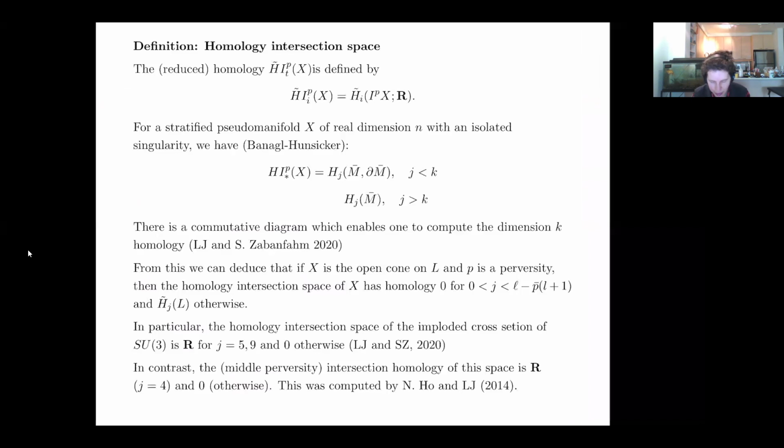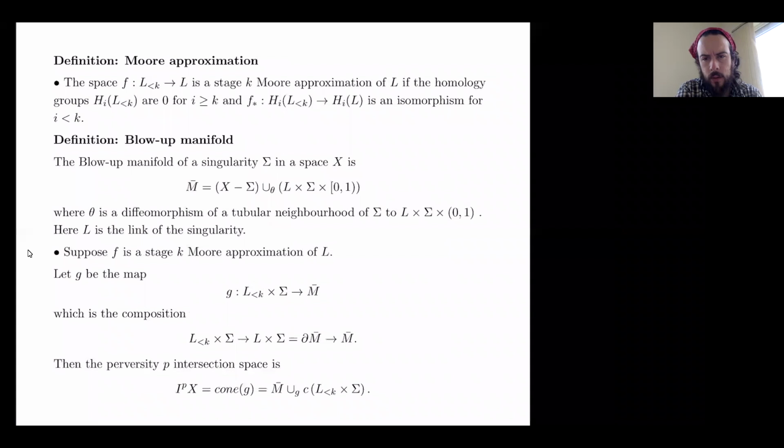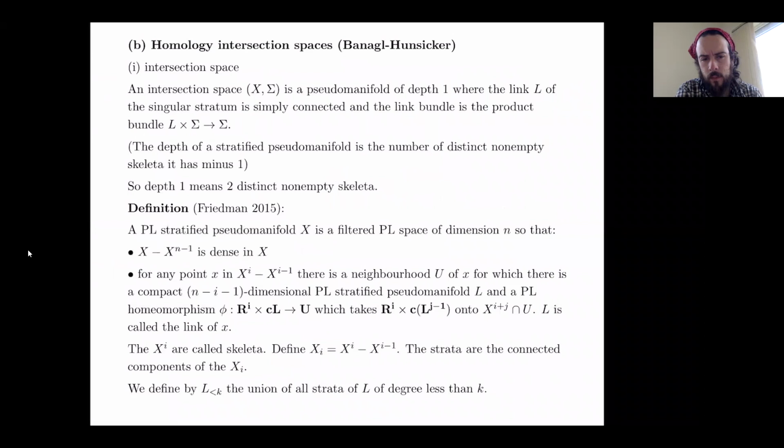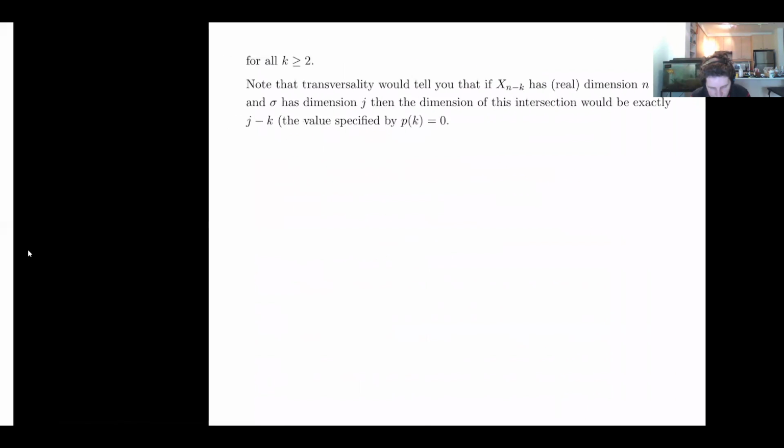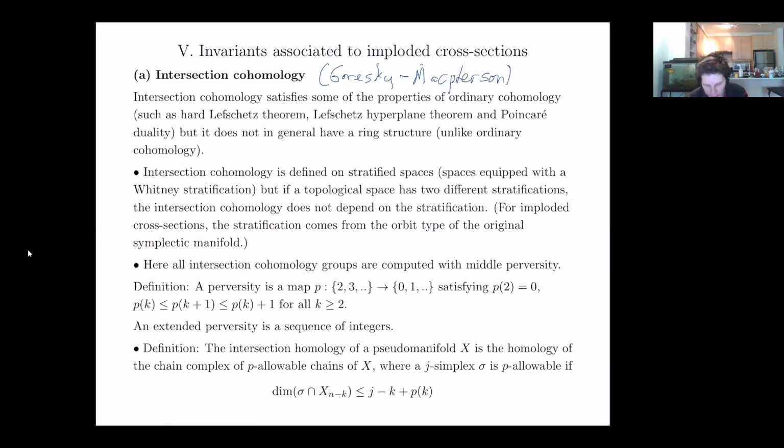Okay, so perversity, intersection homology is, you define a chain complex of allowable chains where allowable means that the intersection of the chain with the n minus k stratum has dimension j minus k plus the perversity p of k.